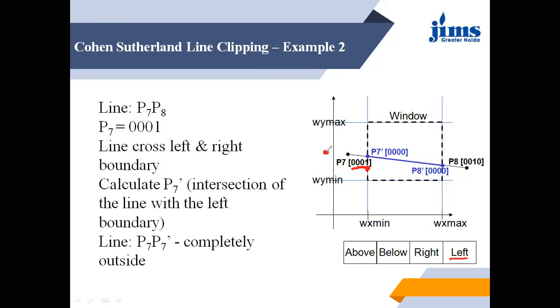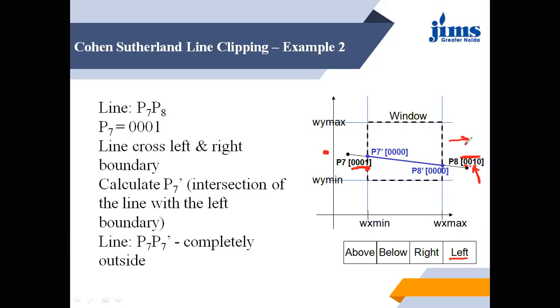And when we consider the second point of this line, the region value of that is 0 0 1 0. By seeing the region value 0 0 1 0, the third bit, that is the right bit, is high. The value of the right bit is 1. It means that this point is to the right of the window.